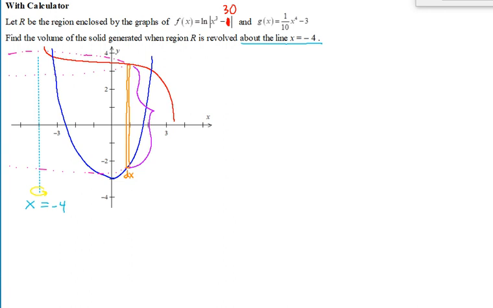It's just always the length of our rectangle, h of x. You can see it would be the top one, which is, oops, I forgot to label these. Here's f of x right here, and this one is g of x. So h of x, the top on our rectangle, you can see is f of x, minus the one on the bottom is g of x.